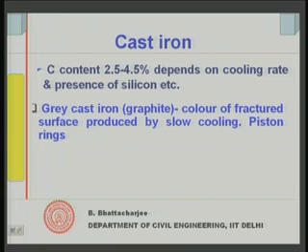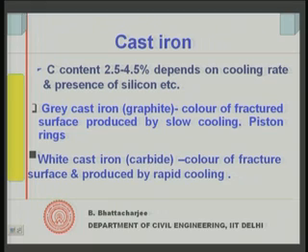Grey cast iron, the name comes from the color of the fractured surfaces, is produced by slow cooling and generally used in piston rings, etc. You have graphite present in it. White cast iron will have carbide, and it is produced by rapid cooling, and the color of the fractured surface is white, and that is how it gets its name.